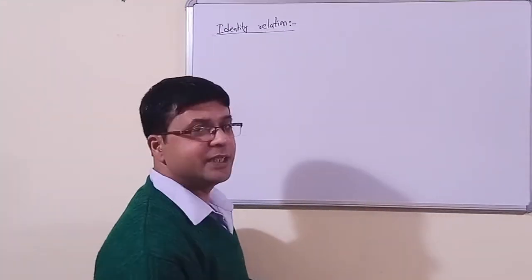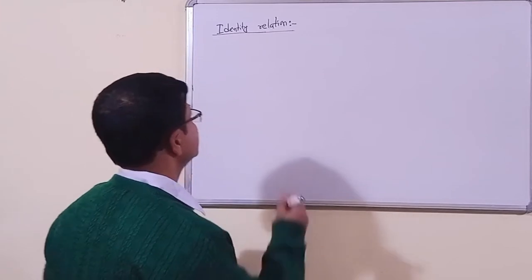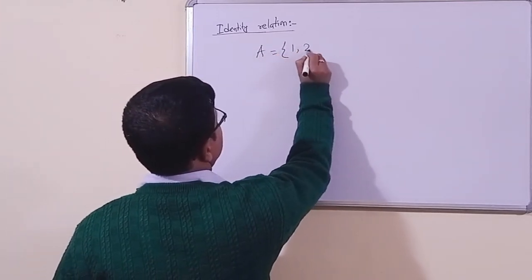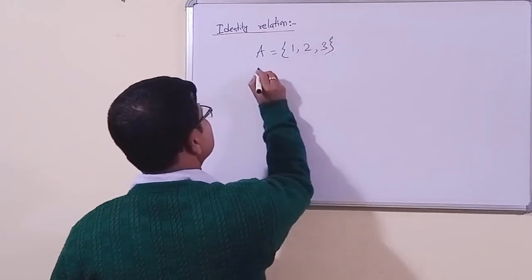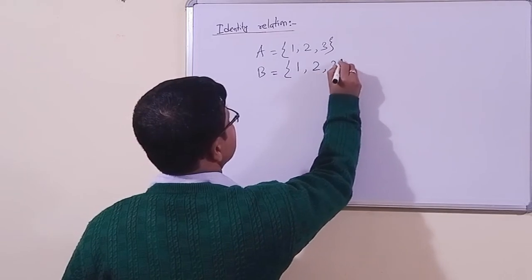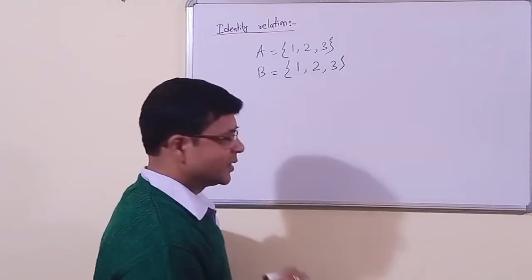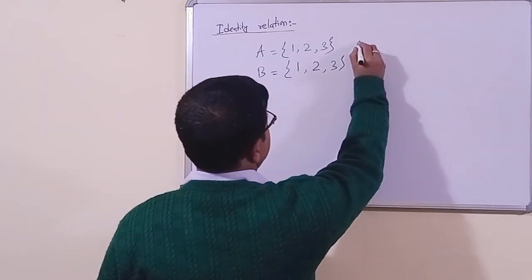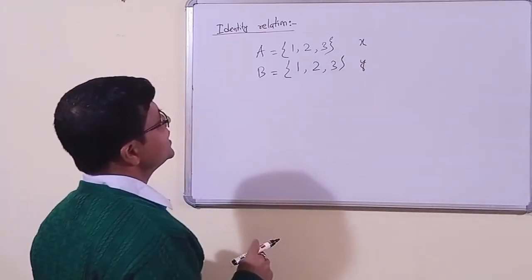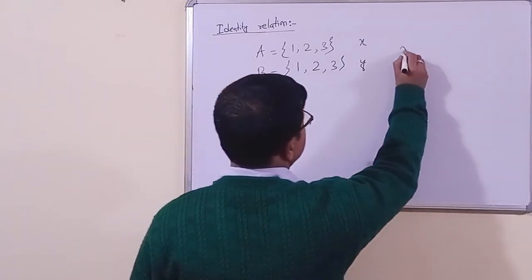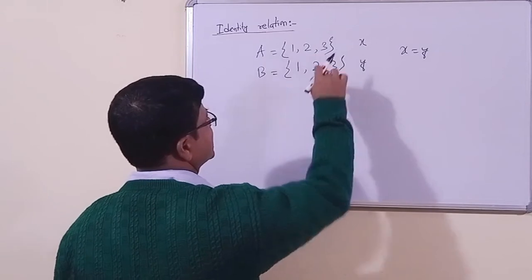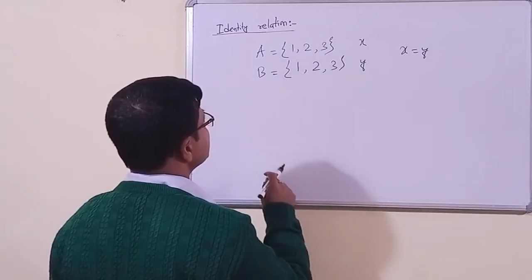This is identity relation. Let us see what type of relation it is. Let us take a set A. The elements are suppose 1 2 3. Let us take another set, and the elements are suppose 1 2 3 again. Here the elements are denoted by x, and here the elements are denoted by y. Interestingly, we find that some elements are equal, not all.